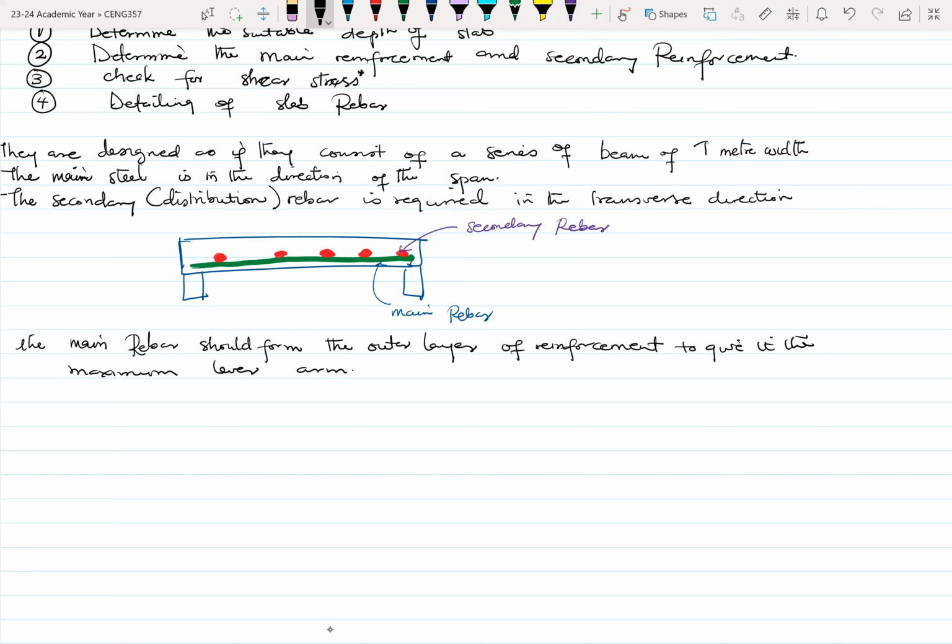The calculations for bending follow a similar procedure to that of the beam. So let's look at an example.